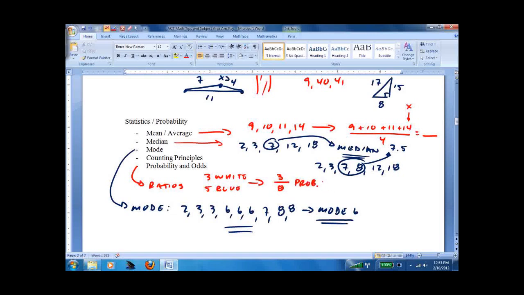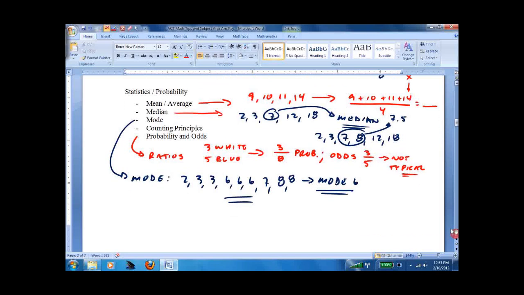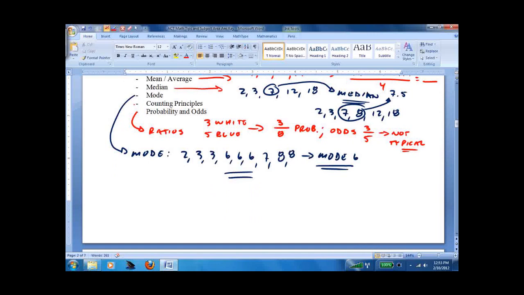And the odds are just 3 to 5. Very rare you see odds. I haven't seen it on any exams, so I would not worry about it. But you will have to do probability. And finally, the counting principle, which pops up fairly often.